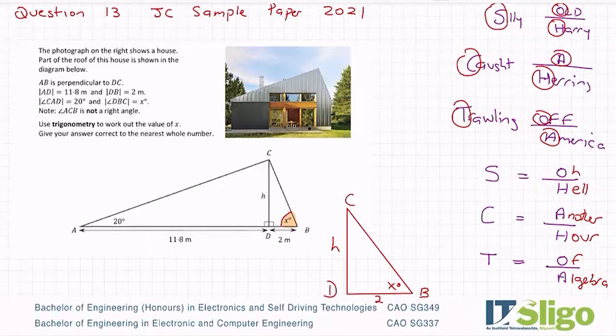Okay, so when I'm talking about opposite, adjacent, and hypotenuse, what do I mean by that? Well, you label the sides with respect to an angle. So in other words, see this angle X that's here, okay? So let me label the sides from this spot.